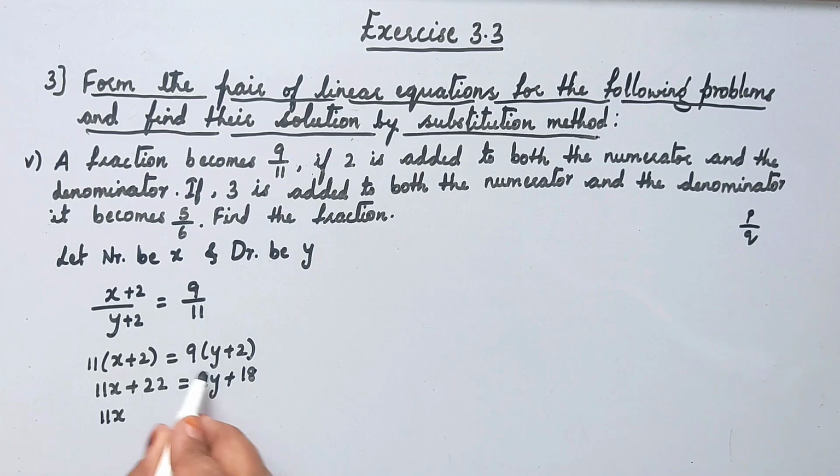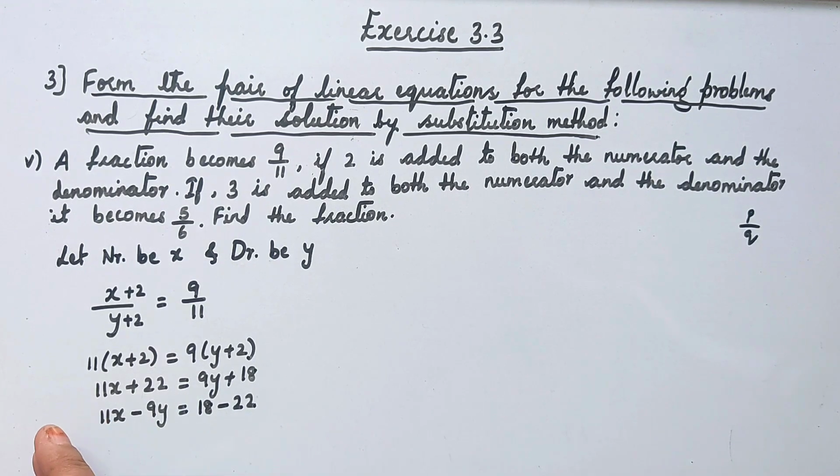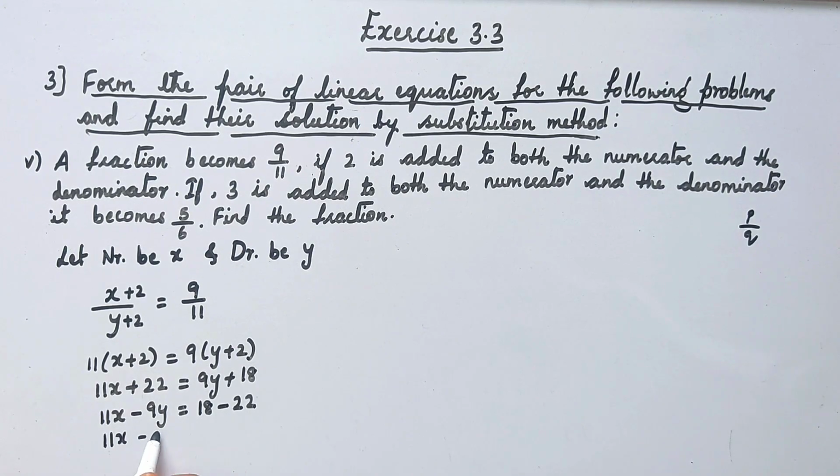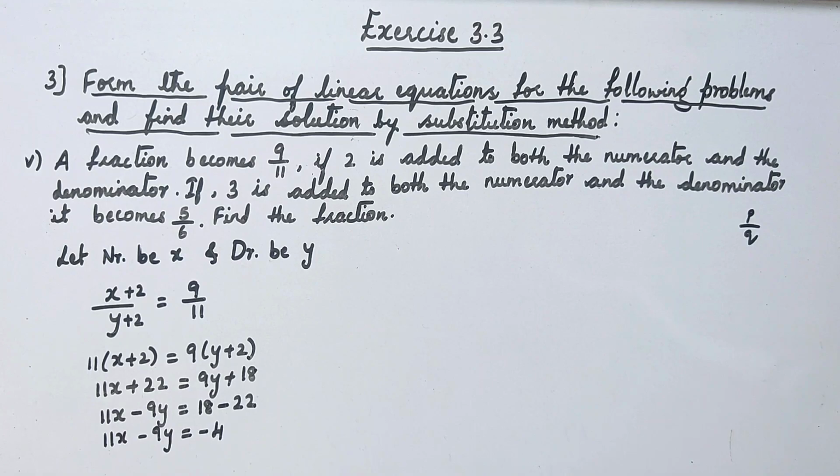Okay, 11x, get this to the other side, minus 9y equal to, 18 is left over, get this to the other side, minus 22. Let us arrange the like terms. All the variables will come to the left hand side and the constants will stay in the right hand side. So 11x minus 9y equal to, when you subtract these both, you are going to get 4, greater number sign, that is minus 4. So this is equation 1.